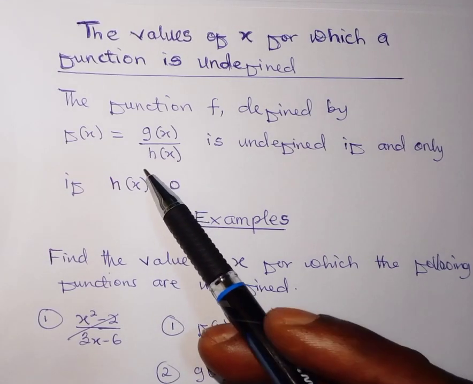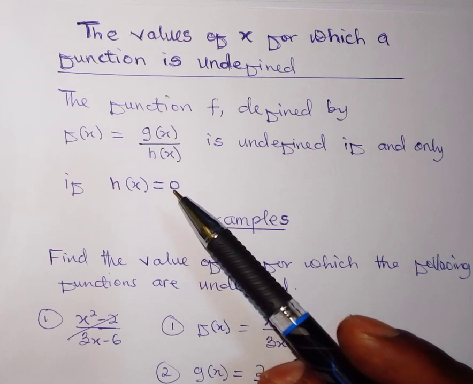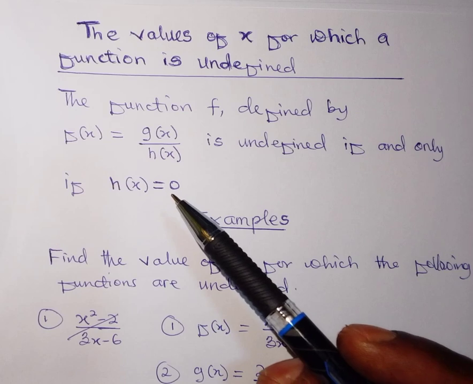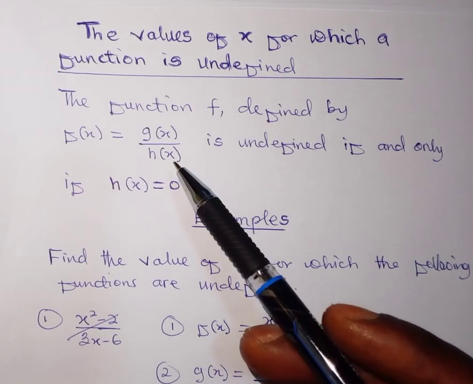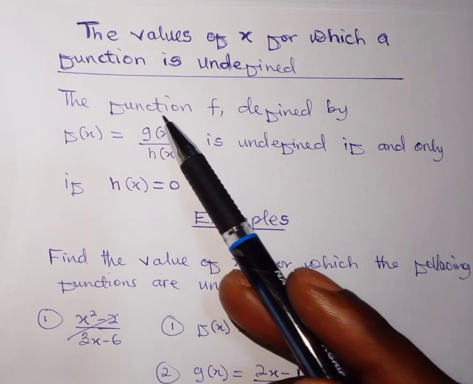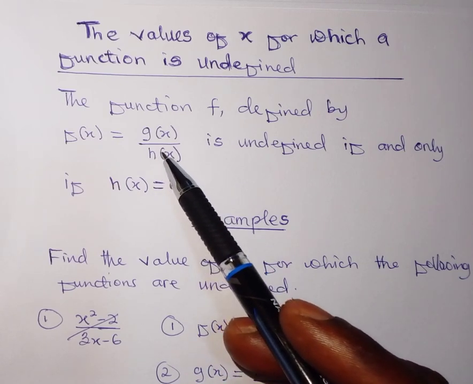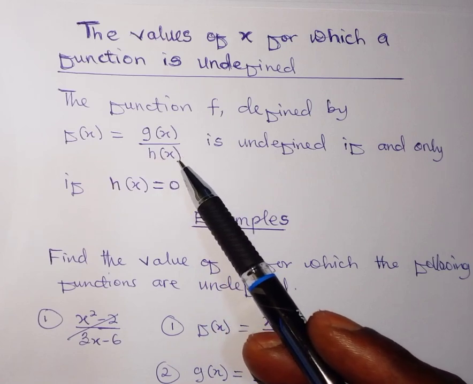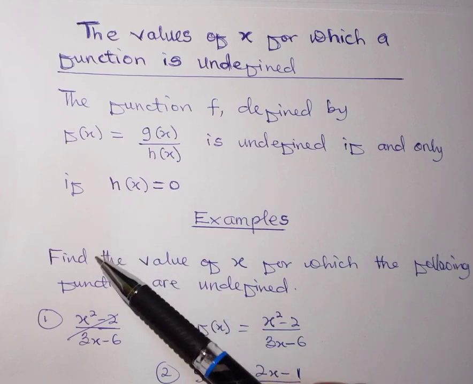Now, most of the time when you ask people this question, they send their mind back to finding the zeros or roots of functions. No, in this case, you are not equating everything to 0, but you are only considering the denominator. It's only the denominator that will be equated to 0 and solved. Whatever value you get, that is what will make the function undefined.